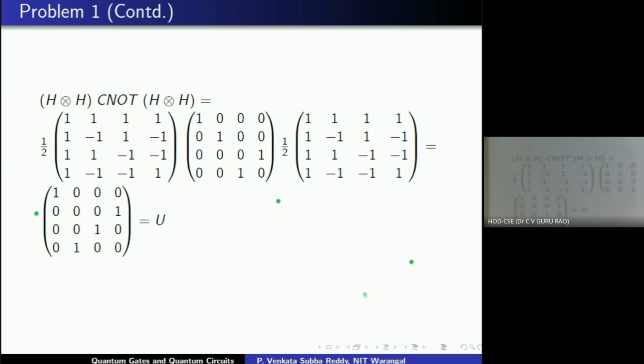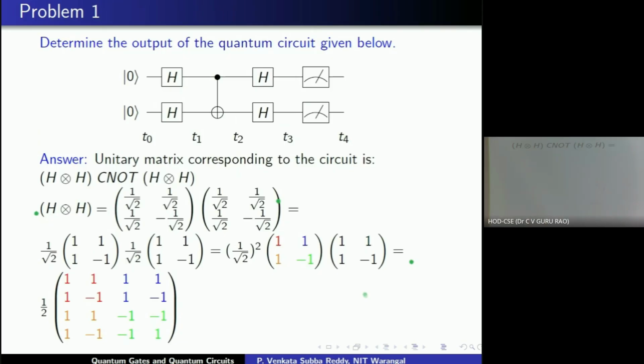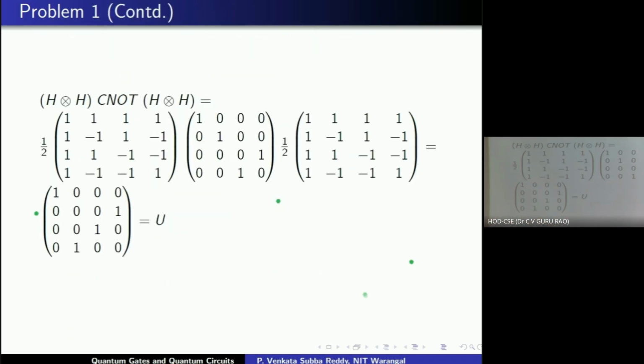Now what is ket 00? Can you tell me the answer? What I am saying is, for this entire circuit, what is the answer? After showing this matrix, you should be able to tell immediately. This is the matrix, no? Now what you are doing is U on ket 00.